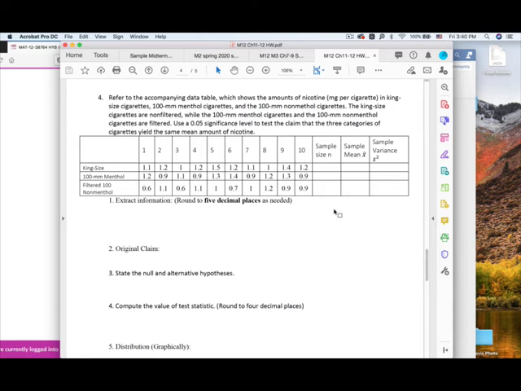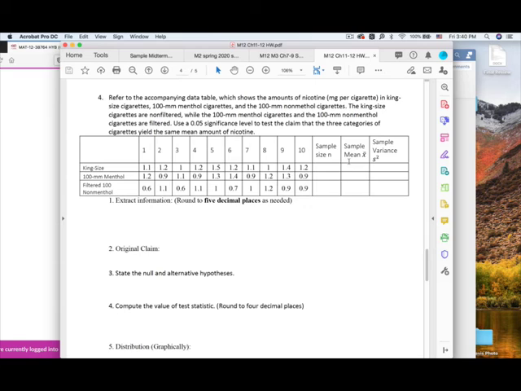If you watch my video lecture, you should recall that I teach you two methods to find the variance between samples and the mean of the sample variance. Either using the table, or you could just use the calculator. If you use the calculator, you don't have to fill it in here.